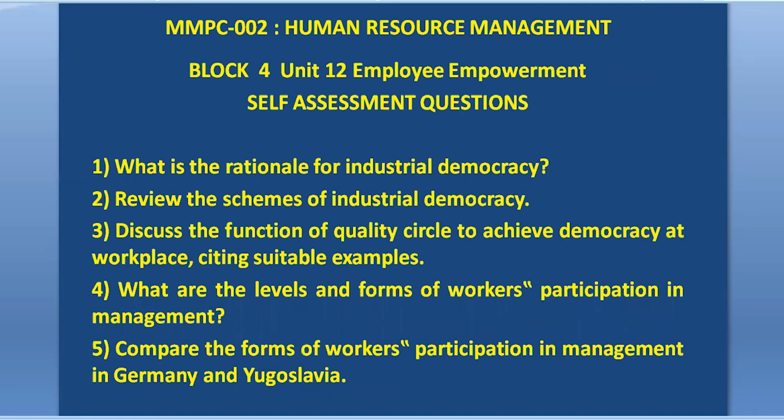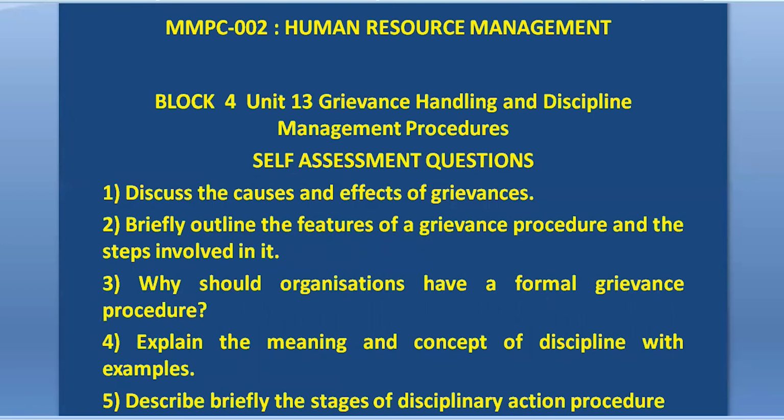In Unit 12 of Block 4, the questions are: what is the rationale for industrial democracy, review the schemes of industrial democracy, discuss the function of quality circles to achieve democracy at the workplace, citing suitable examples, what are the levels and forms of workers' participation in management, and compare the forms of workers' participation in management in Germany and Yugoslavia.